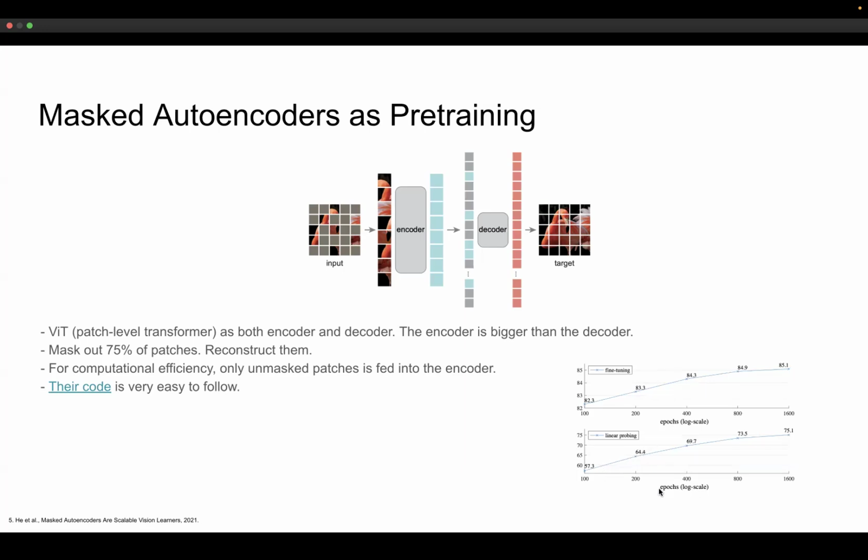During their training, the x-axis shows the number of training epochs over time. And it shows two different approaches to utilize output representations. One way is to do end-to-end fine-tuning, and the other approach is to just do linear probing. And we see that the model is actually able to learn representations that are beneficial for both linear probing as well as for fine-tuning.